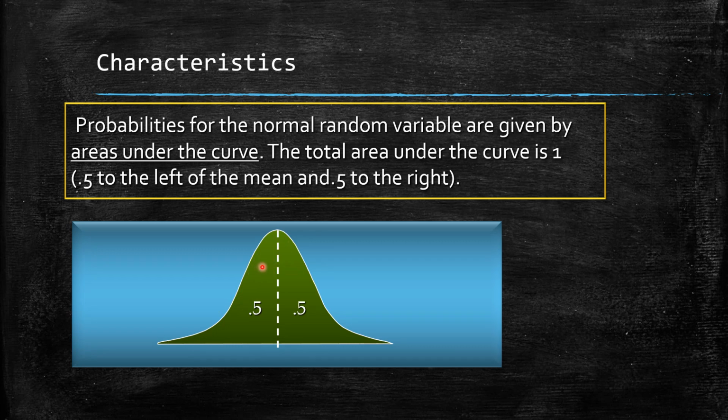That means the area to the left of the mean is half, and the area to the right is also half. So the probability of x from 0 to infinity is 0.5. Similarly, the probability of x from minus infinity to 0 is also 0.5.